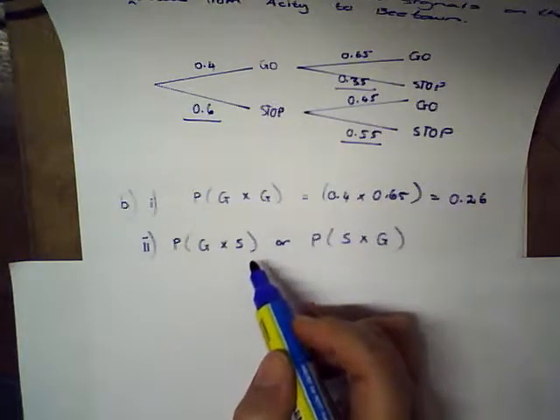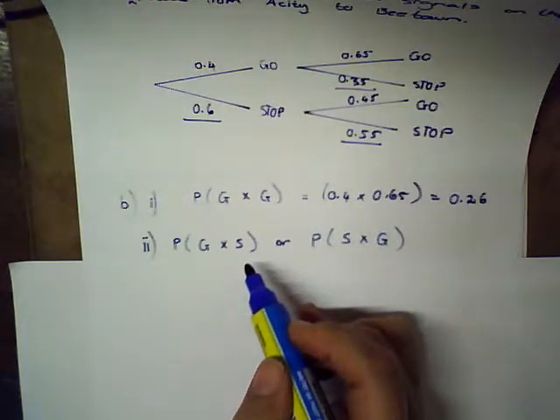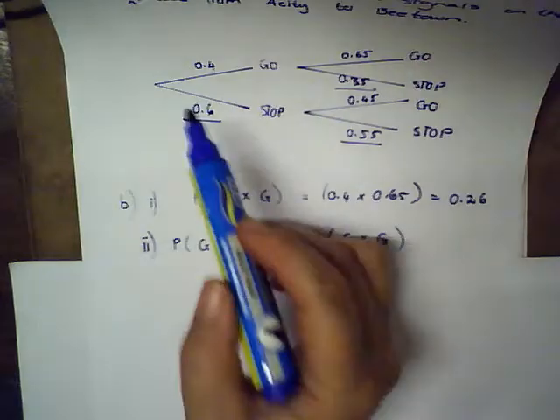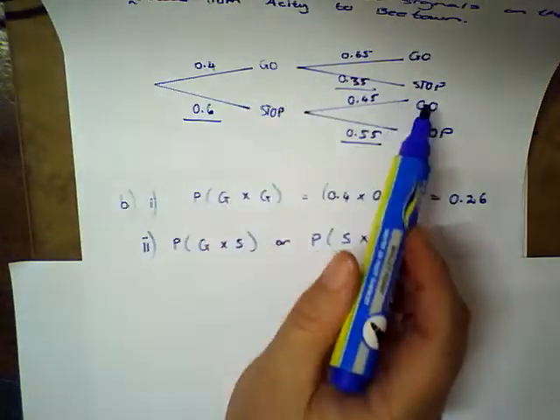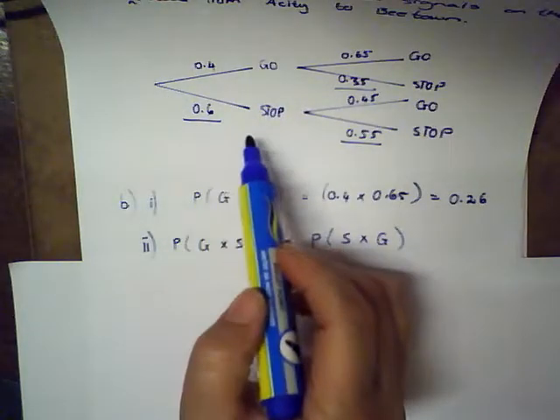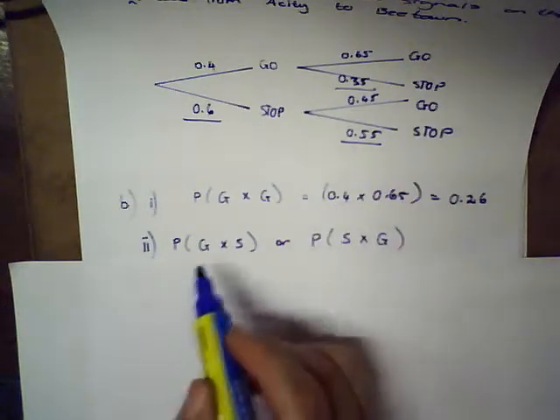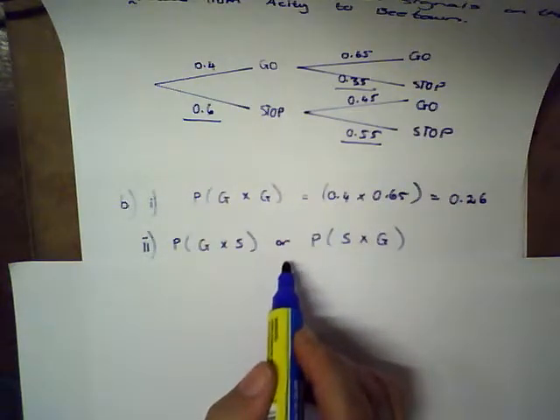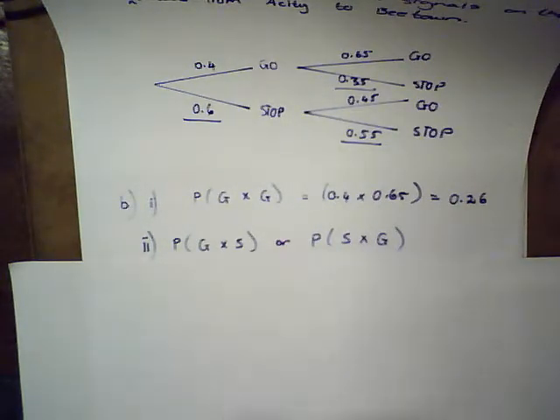Find the probability that the car driver finds exactly one of the two signals is go. So it is go and stop, or stop and go. So it's the probability of go and stop, or the probability of stop and go.